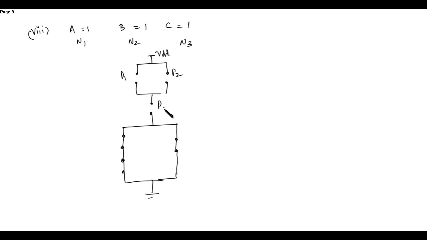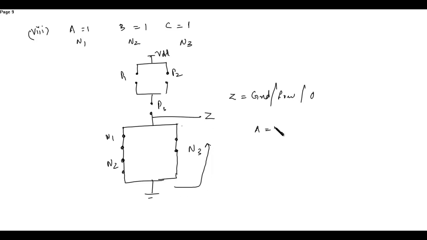This is P1, P2, P3. This is N1, N2 and N3. So from here clearly you can see that the output will be ground or low voltage or 0. So when A is equal to 1, B is equal to 1, C is equal to 1, then the obtained output will be 0. So now the truth table of OR and invert is being clarified and is being explained.